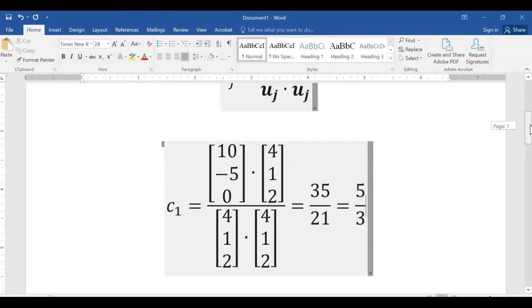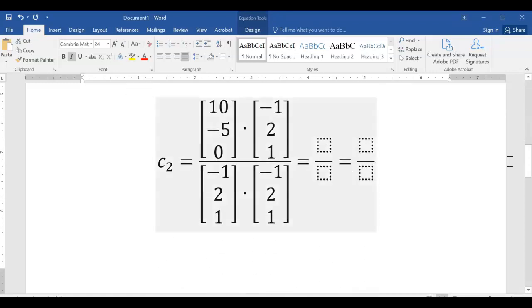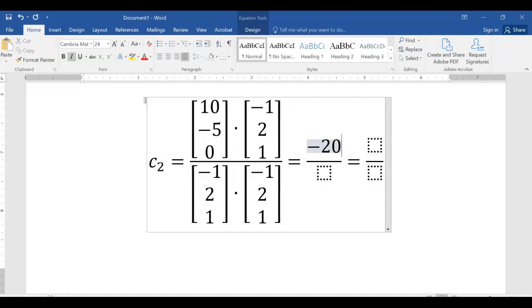With coefficient 2, I'm going to be using (-1, -1, 1)... I mean the second basis vector. So I'm going to take the inner product of that with (10, -5, 0). You're going to get -10, -10, 0. That comes out to -20.